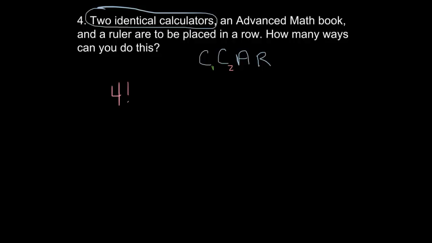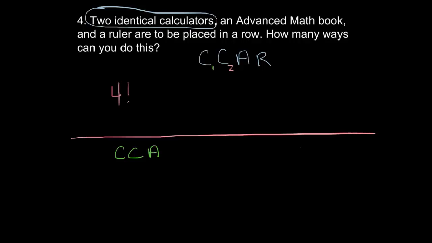They're actually the same. And so what's going to happen is if you were to list out all your possibilities, this isn't actually so bad. I'm going to list them out here. I would have something like calculator, advanced math book, ruler. I could have calculator, ruler, advanced math book.